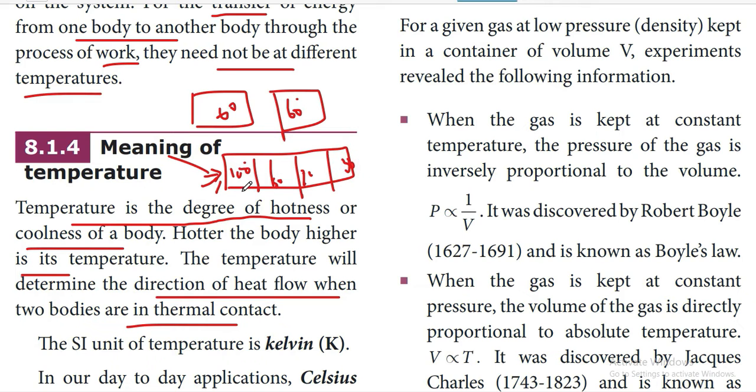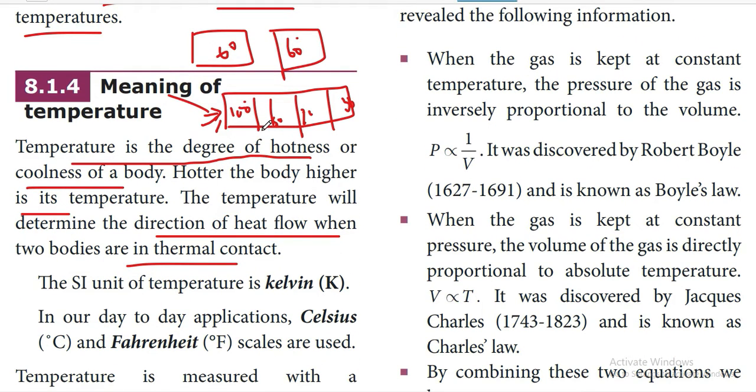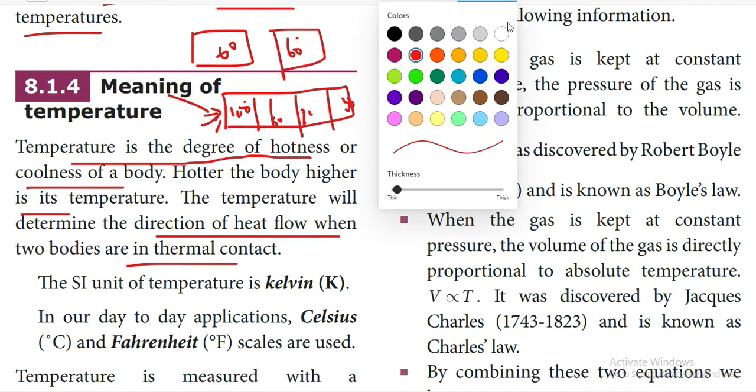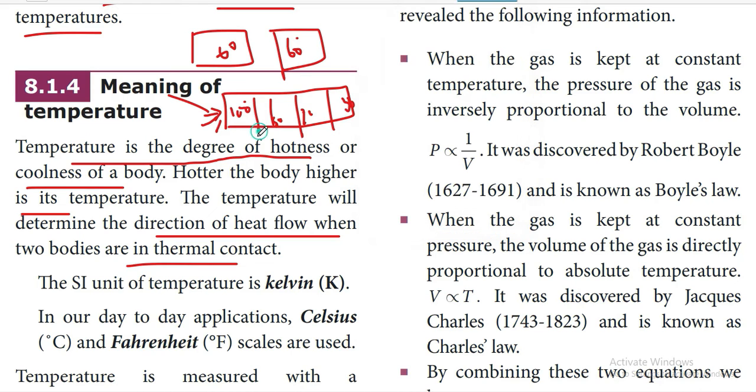When we measure the temperature at this point, this point, and this point, at that particular instant the temperature is the degree of hotness. Remember, degree is the keyword: degree of hotness of a body.